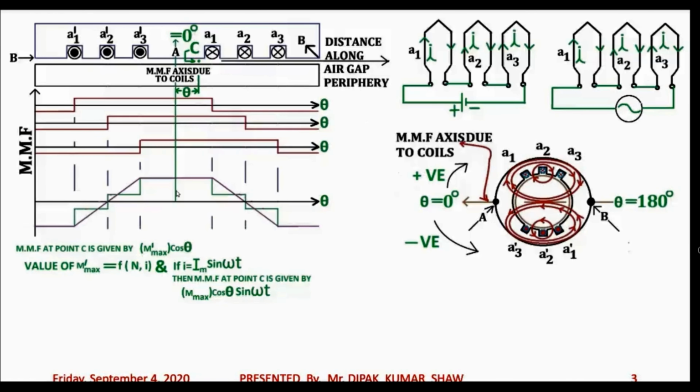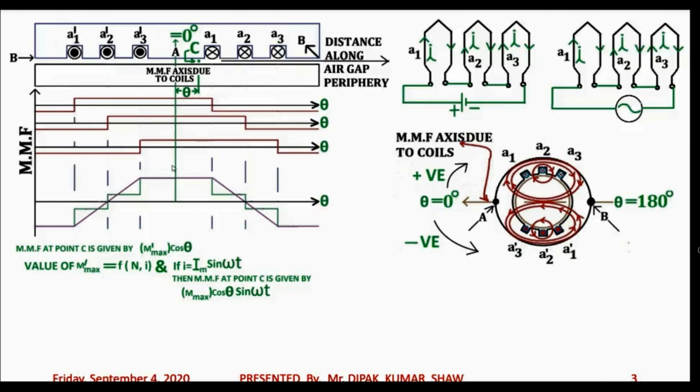Now what we have seen, when we decomposed this trapezoidal MMF into a number of sine waves, is that the fundamental component of the sine wave will be that component which has the same time period as that of the trapezoidal MMF in this case. So that fundamental component will have a positive peak along the axis which is passing through point A. You may follow the mouse pointer.